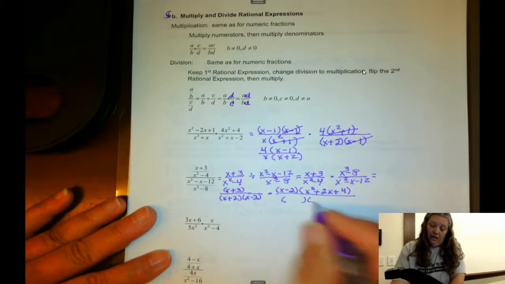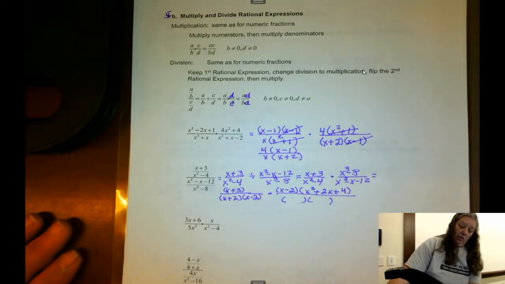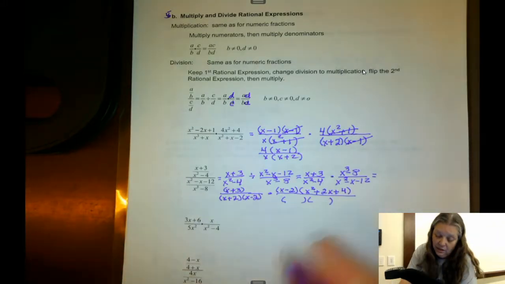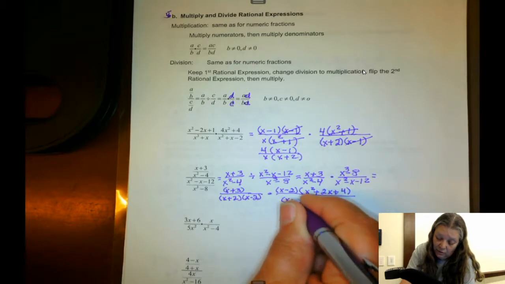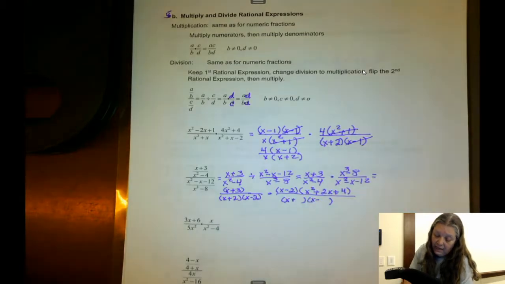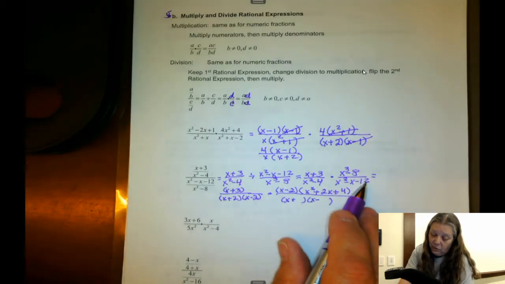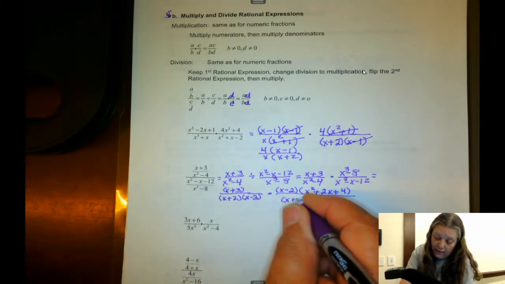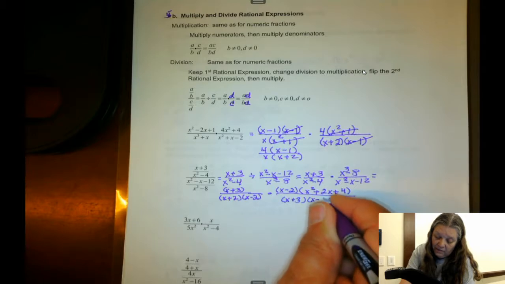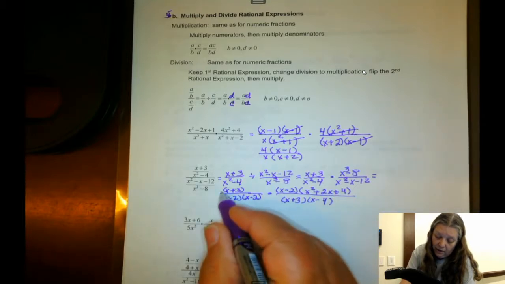Now for a trinomial, we're going to have two binomials. So x and x, one's positive, one's negative. Well, we look at this, negative 12, multiply to give negative 12, add to give negative 1. We're going to have a positive 3 and a negative 4.